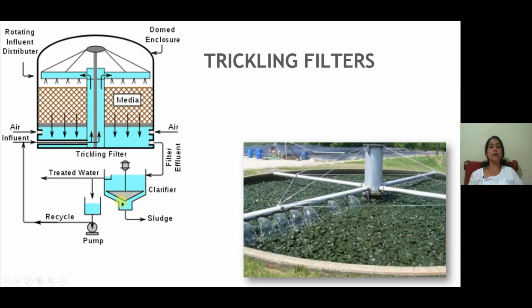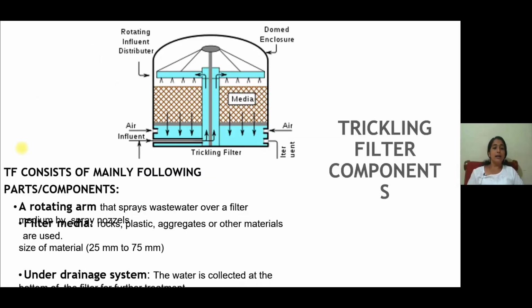A portion of the sludge from this clarifier can be recycled into the influent in order to enhance or accelerate the microbial presence in the influent water. Then the components of a trickling filter: a rotating arm for even distribution of the wastewater, and a filter media.